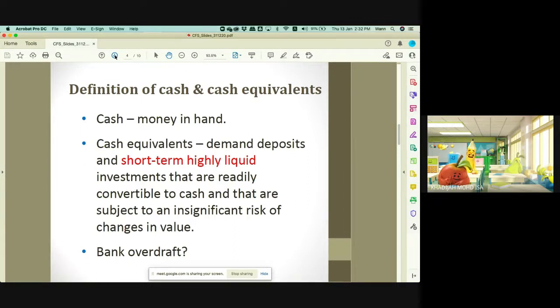Bank overdraft is a kind of bank facility given to businesses. When doing business, sometimes you use the money from your bank account, but at some point there's not enough cash in the bank, so the bank allows you to do an overdraft.